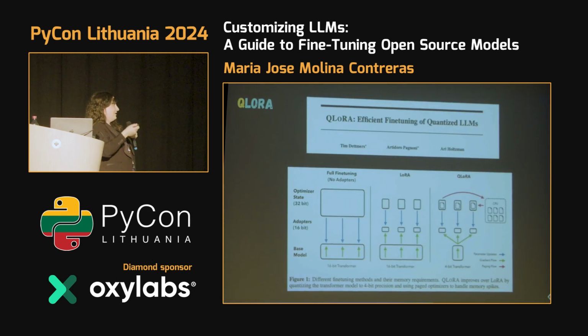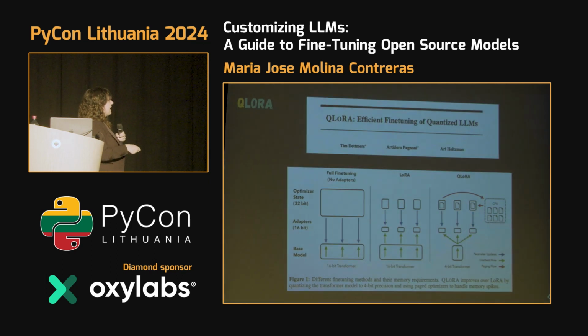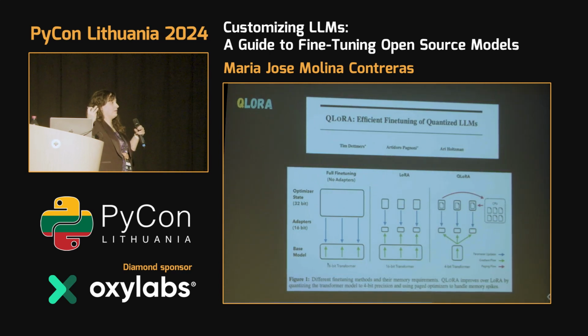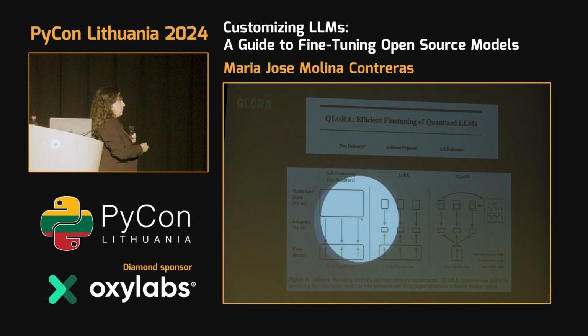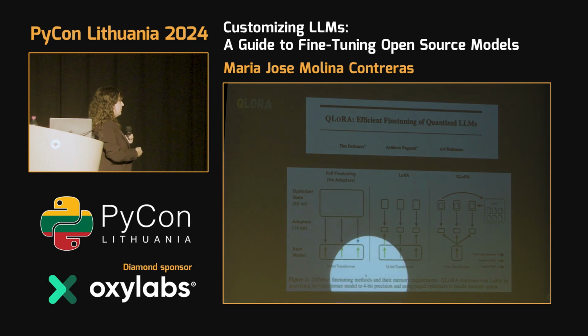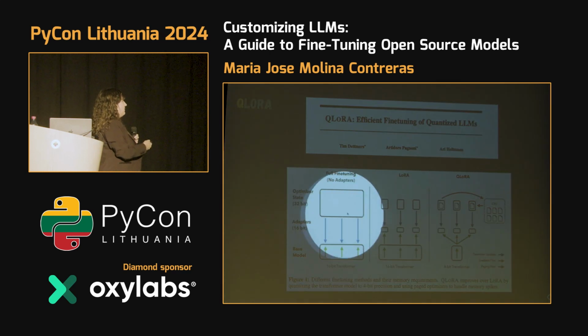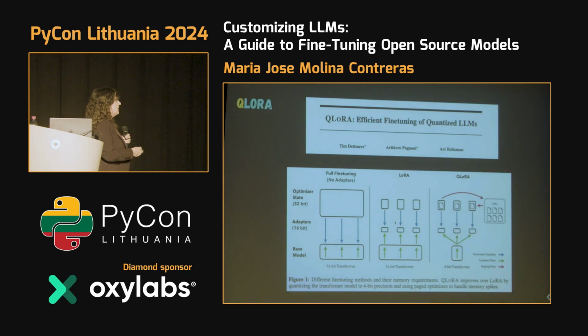And this is the real figure that I hid from you at the beginning. On the left, we have the full fine-tuning. That is the one where we will need all this amount of GPU. And as you can see here, we don't have adapters. What we have is a 16-bit base model, and then the optimizers.